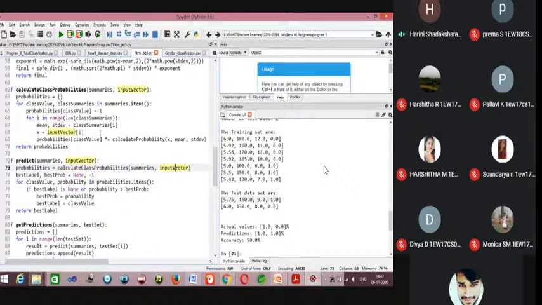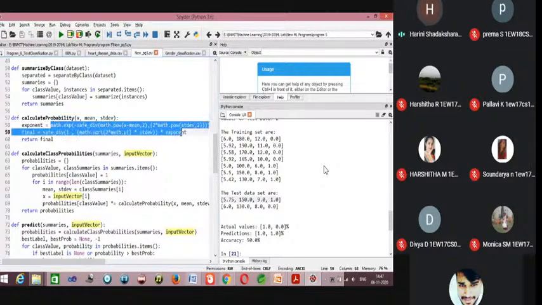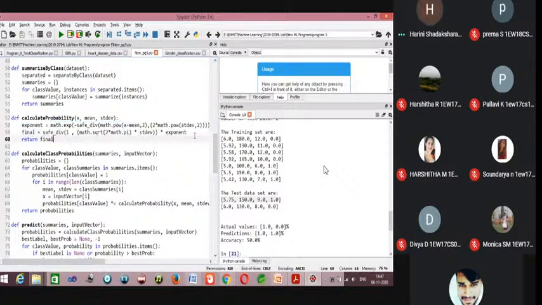Okay. So here what we have is calculate class probabilities, right? Is there anything like, yes, calculate probability. This calculate probability will give you that e power thing, e power of 1 over 2 times variance into (x minus mu) whole square.